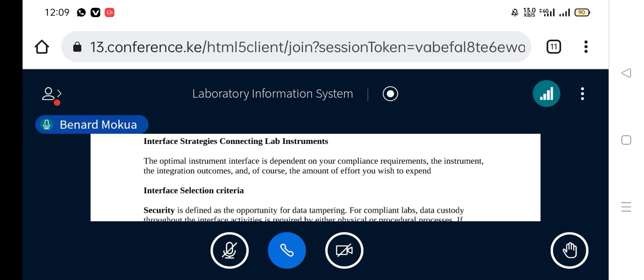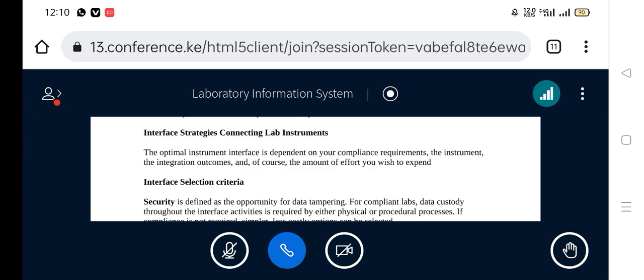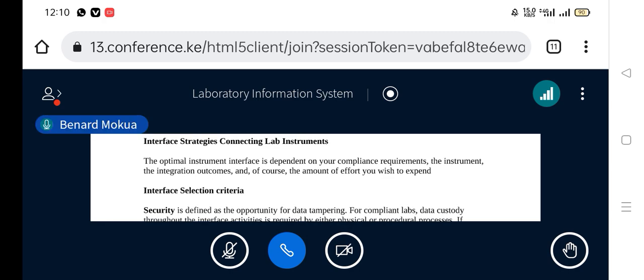And I saw the hand of Stephen again. Okay, Stephen has not. But yeah, I saw your hand raised. Okay, so I'm assuming there is no problem.